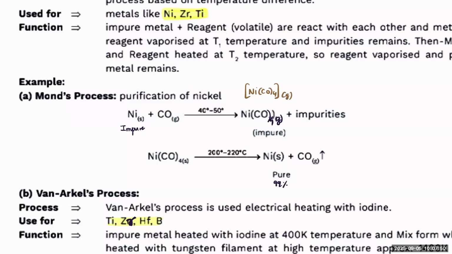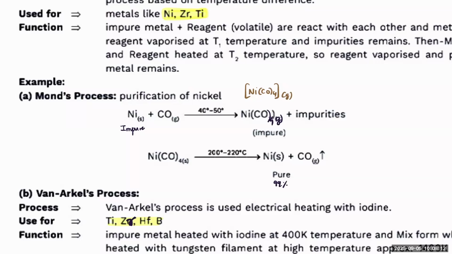When you do that, carbon monoxide will completely evaporate, and nickel will remain in the solid state. Here it is 99% pure. If you are specifically doing this for nickel, it is called Mond's process.